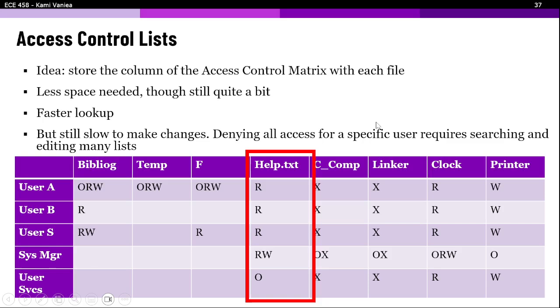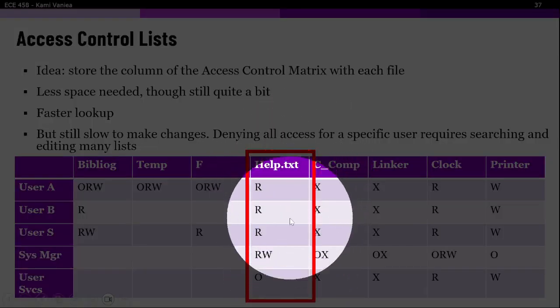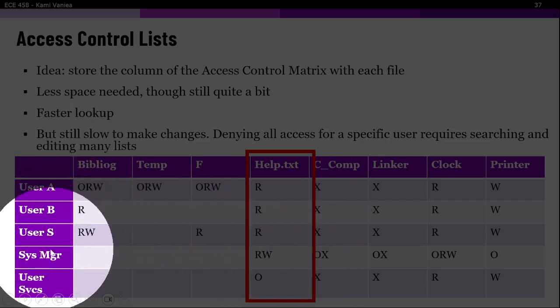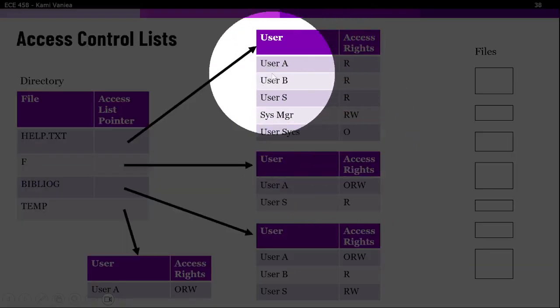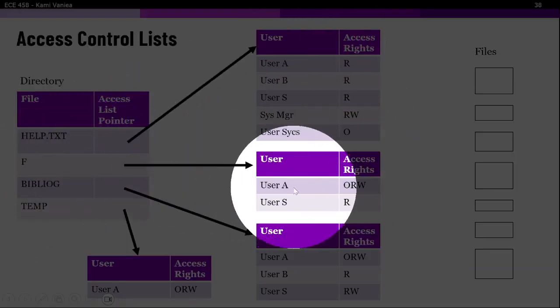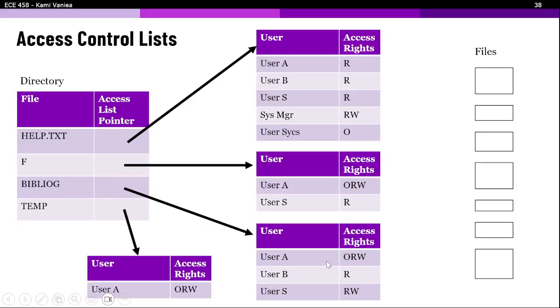I'm going to just move back again. See the help.text right here? I've just taken this column and the user column and put them together here per file. So F, for example, has a little lookup table, diblog has a little lookup table. All right, so now what I've done is I've co-located the file with the permissions.